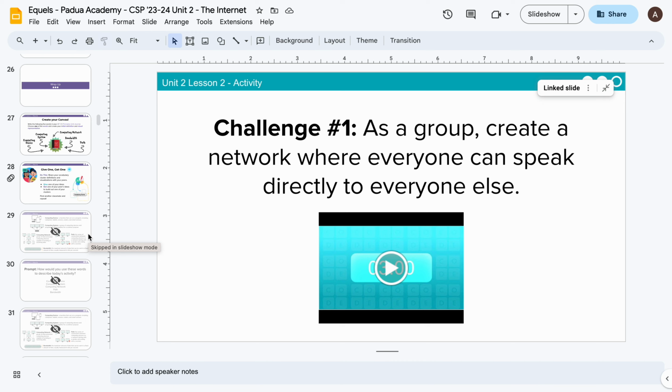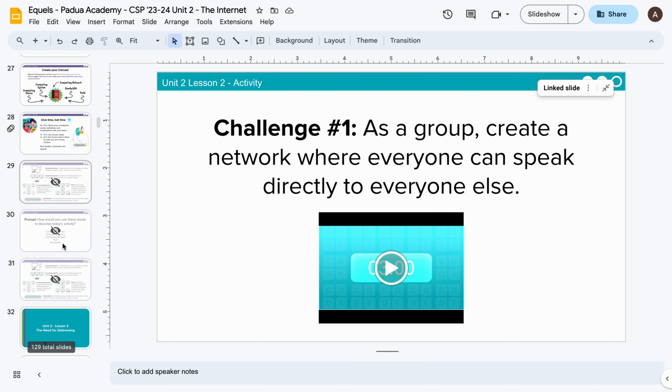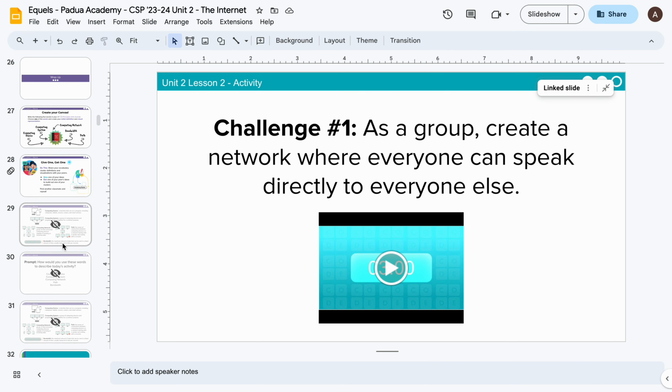I'm pretty sure one of the challenges is asking you to make the most efficient network possible, the most cost-effective network possible. But anyway, I kind of want to skip to these definition slides just so you have them and so you can see them. But work through these network challenges in class.